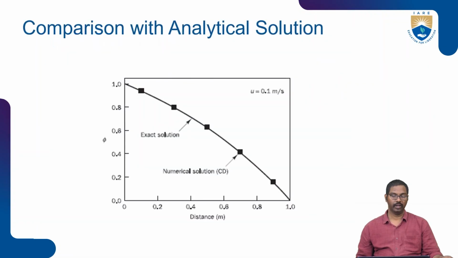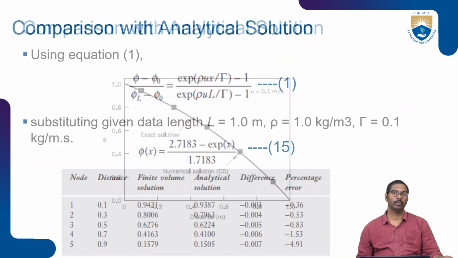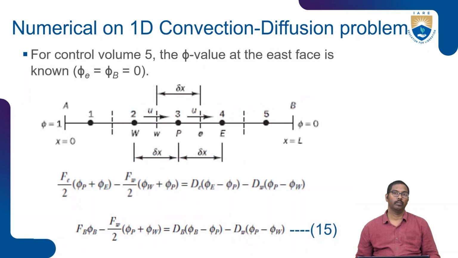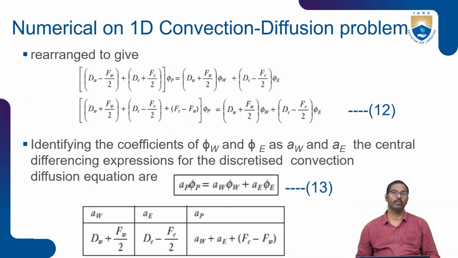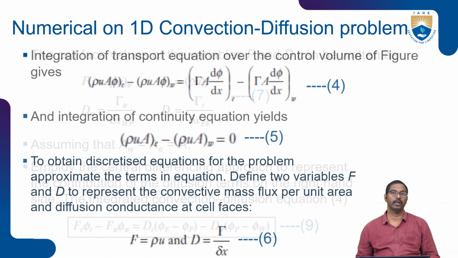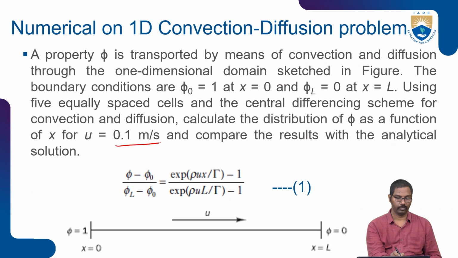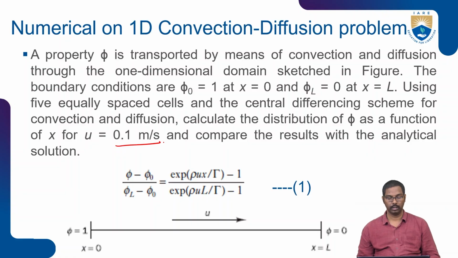This problem is taken from Versteeg's finite volume methods. In the given problem, the case is 0.1 meters per second. This u value you can change and you can get the solution for further problems.